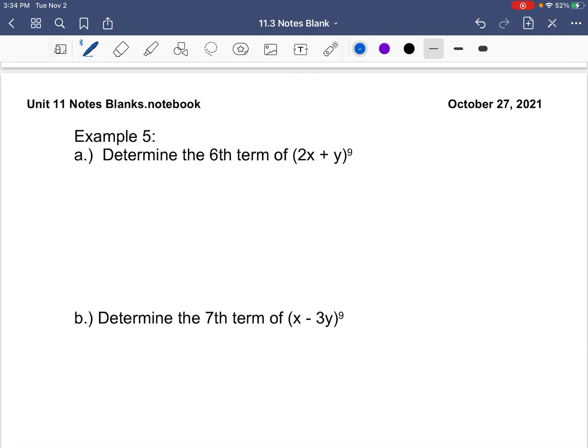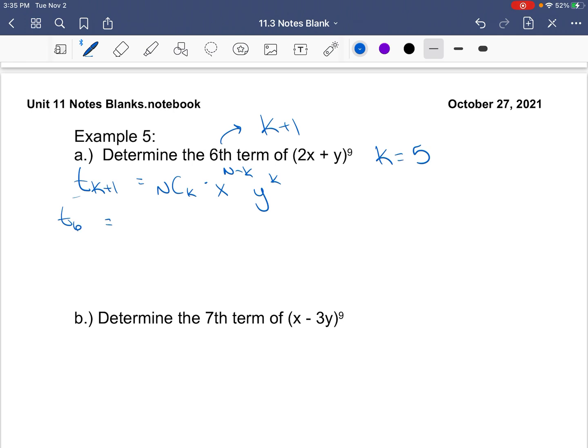So if we want to find the 6th term, our formula is t sub k plus 1 equals nck times x to the n minus k, y to the k. So the 6th term, that's our term. Our term is k plus 1. So in this case, k is equal to 5. So we are looking for the 6th term.